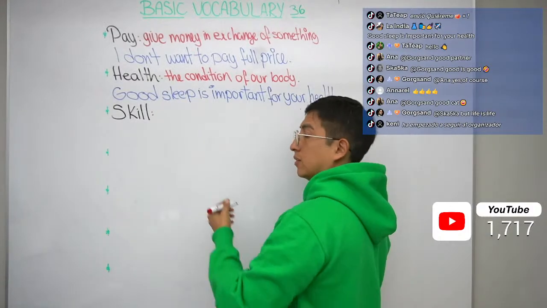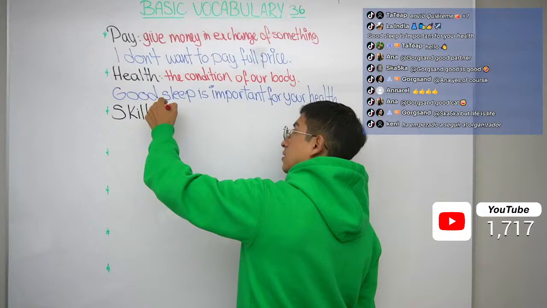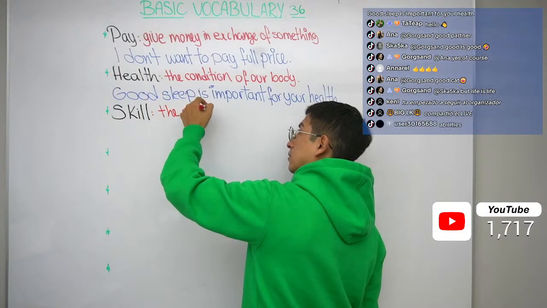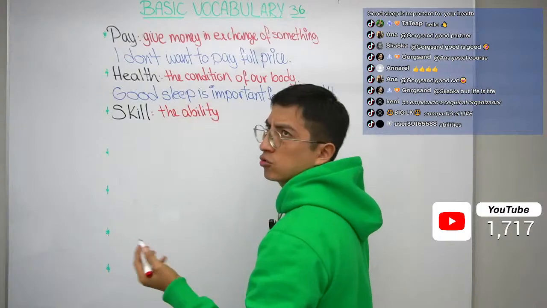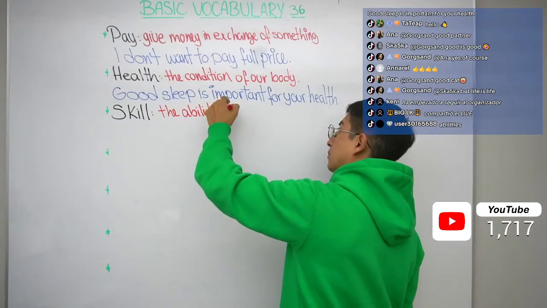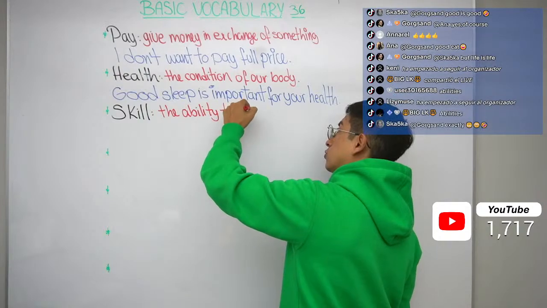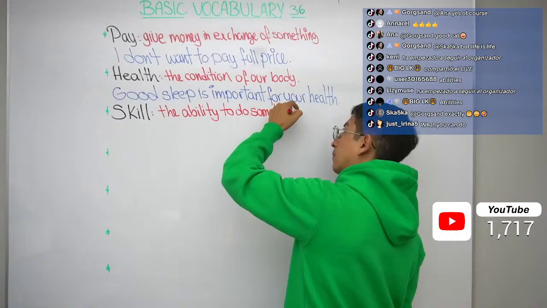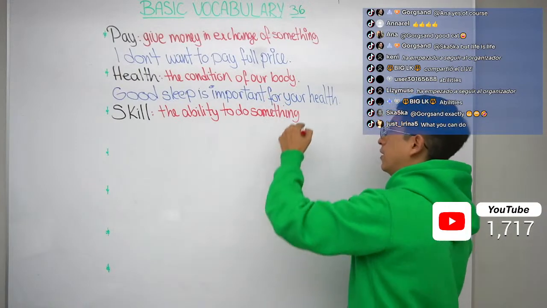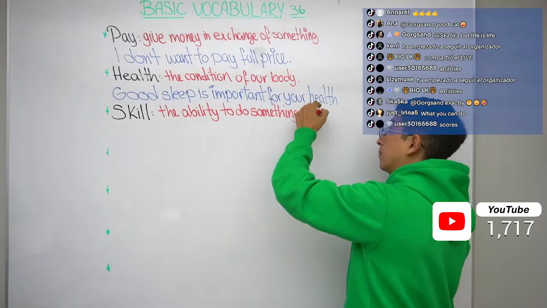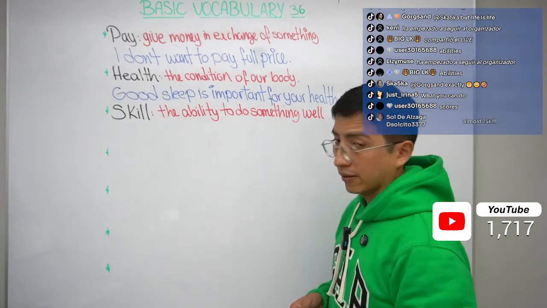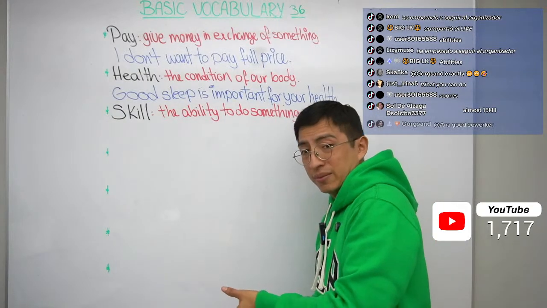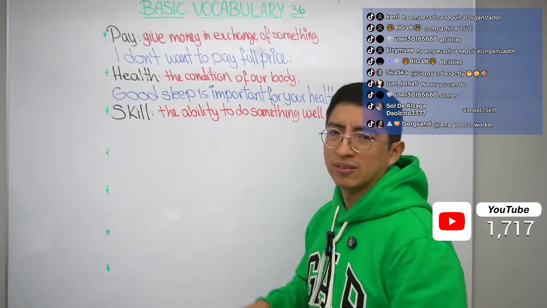Well, skill is the ability to do something well. Yes. Skill could be also an ability. They could be synonyms.